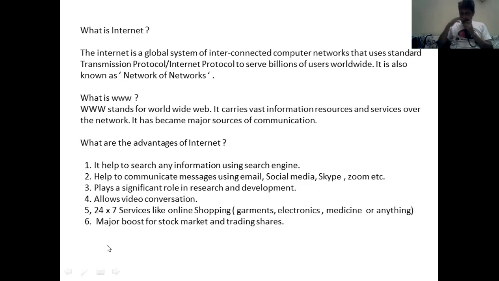The internet has become a major source of communication. Today, when you want to send a letter or anything, you use the internet. What part of the internet do you use? Email, the electronic mailing system, to send your textual data.